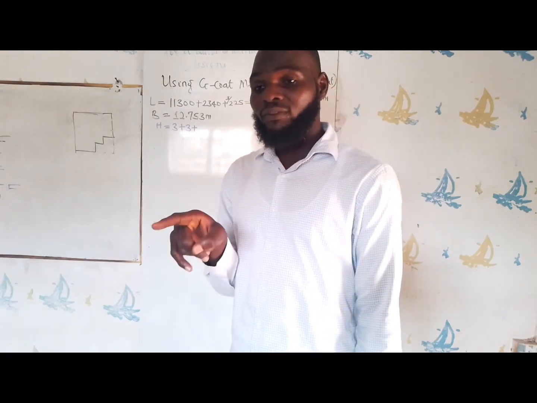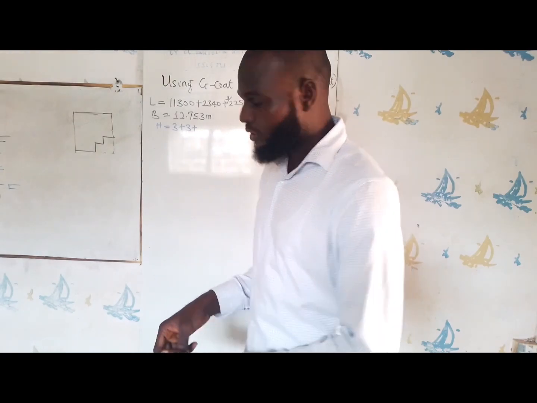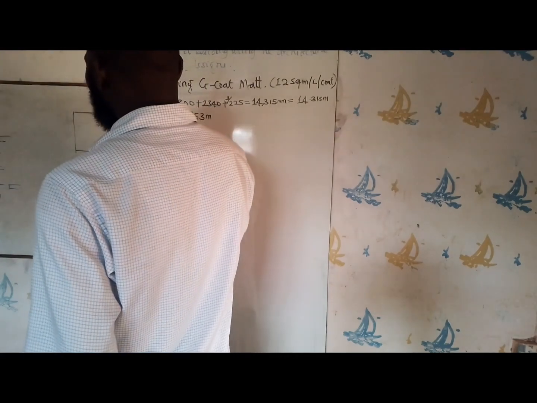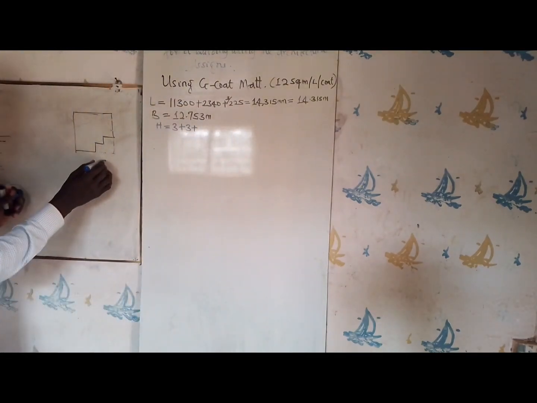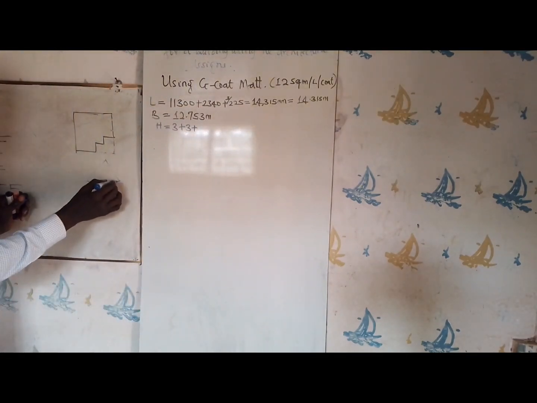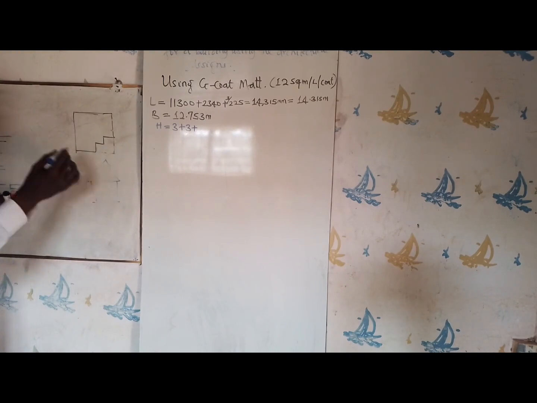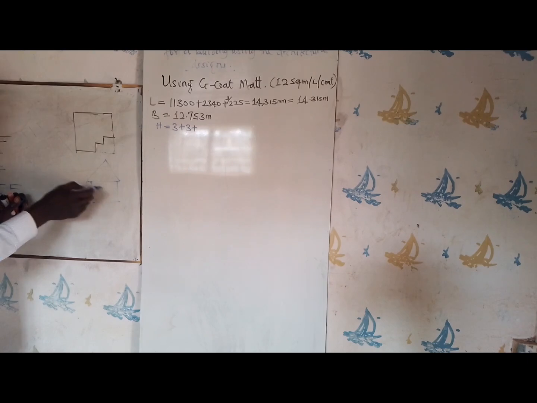The kind of roof we have there is a gable roof, something like this. This is the first floor, this is the ground floor. So the height we are using now is from here to here, which is 3, which is 6.